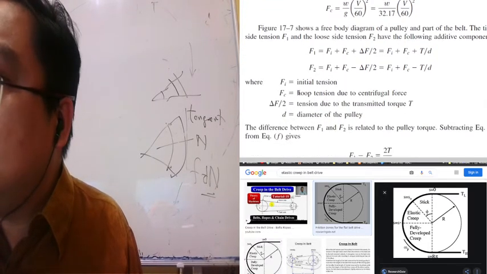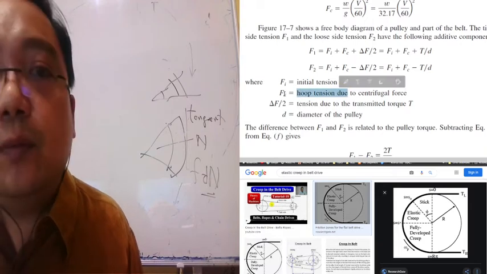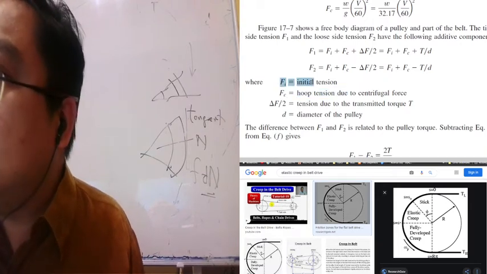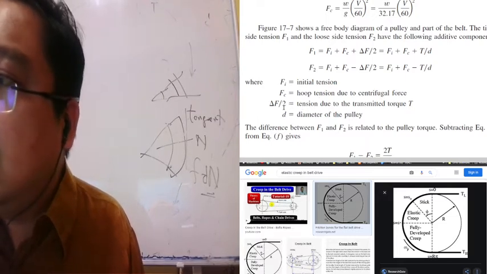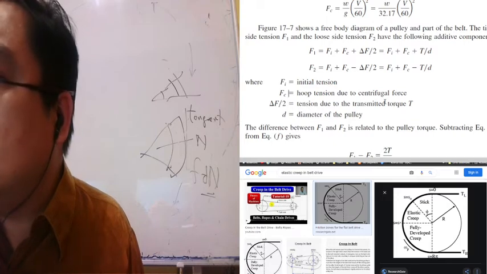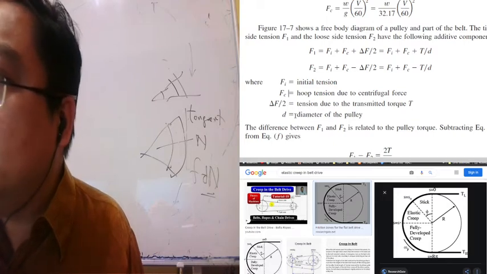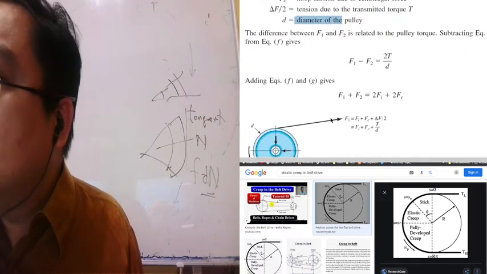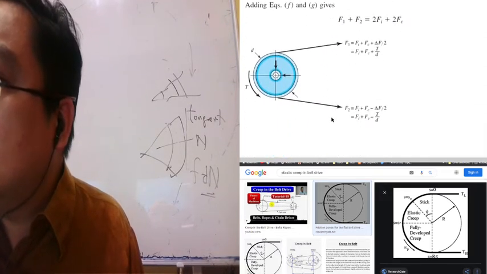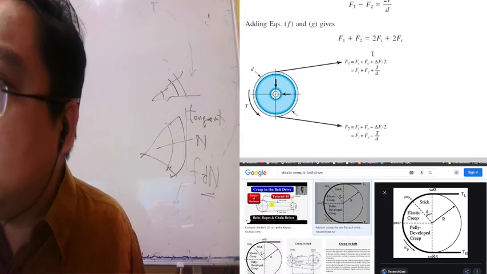So what is this? Fc is the tension due to centrifugal force, Fi is the initial tension, and F2 equals the tension due to transmitted torque T, and D is the diameter of the pulley. This is the explanation.